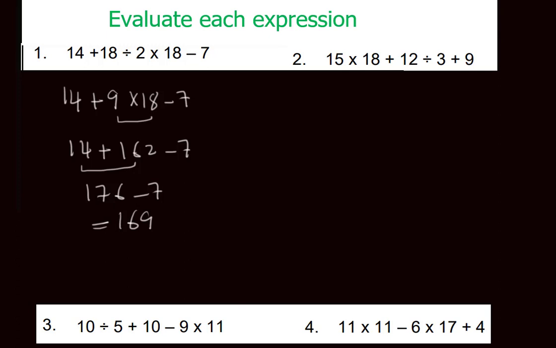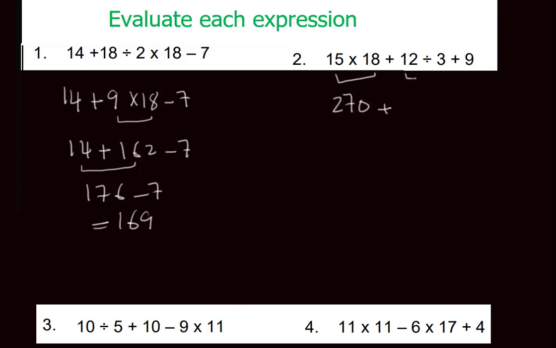So in example 2, the operations that we have are multiplication, addition, division, and addition. So we will multiply and we will divide. So 15 times 18 is 270, plus.